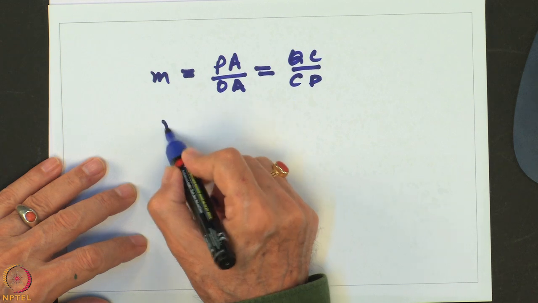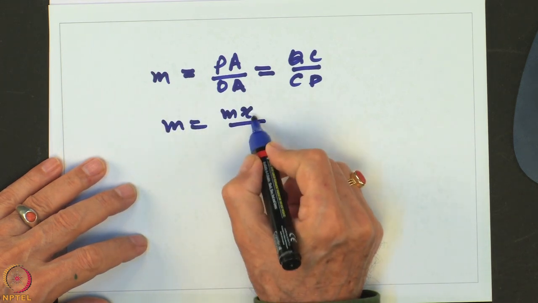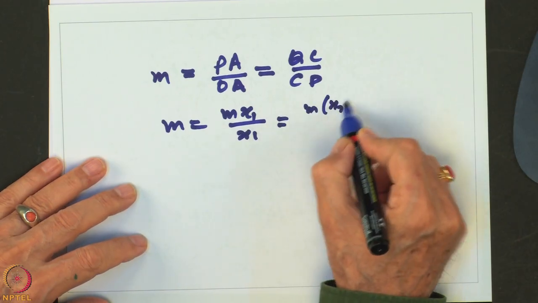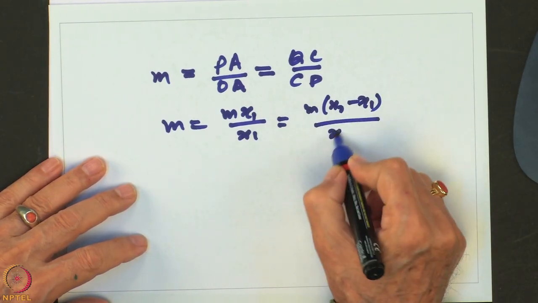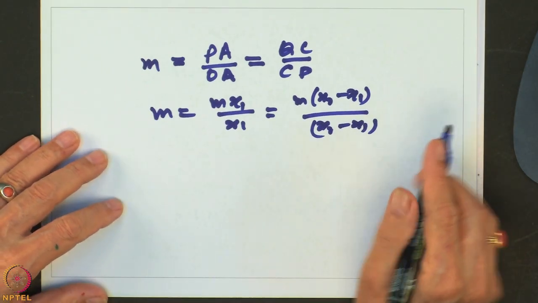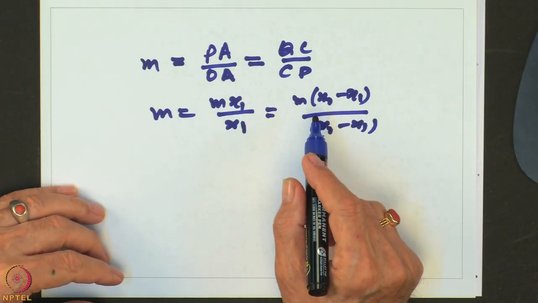This one is equal to m x1 by x1, and this is equal to m times (x2 minus x1) by (x2 minus x1). So, all these are equal, right.